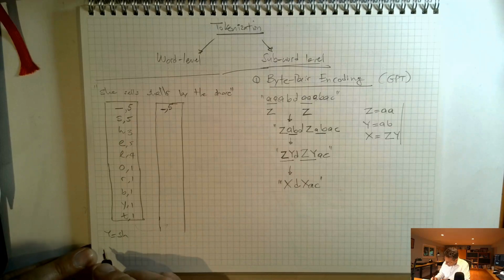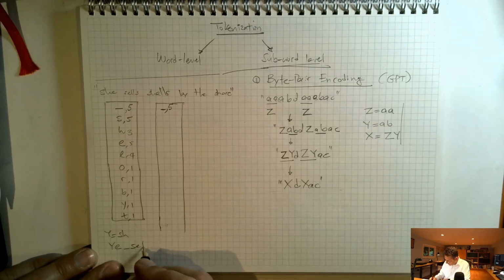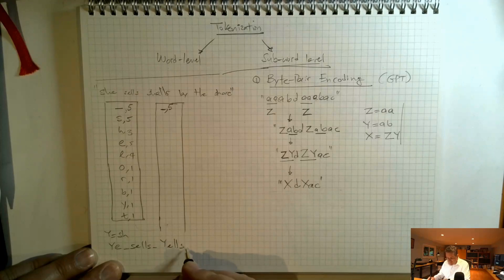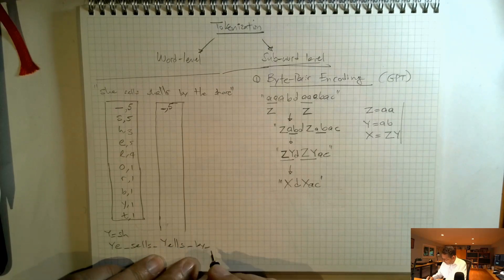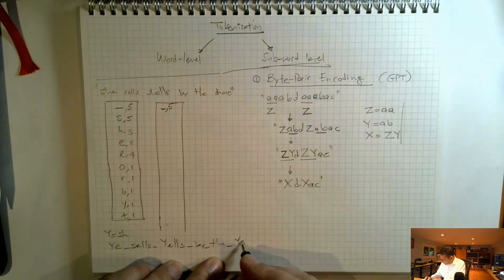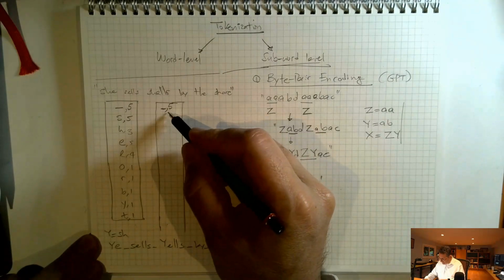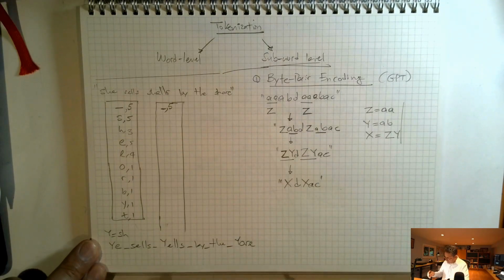So the new sentence is YE sells YELLS by the YORE. Okay, and so this is the sentence, but the number of spaces is still 5.